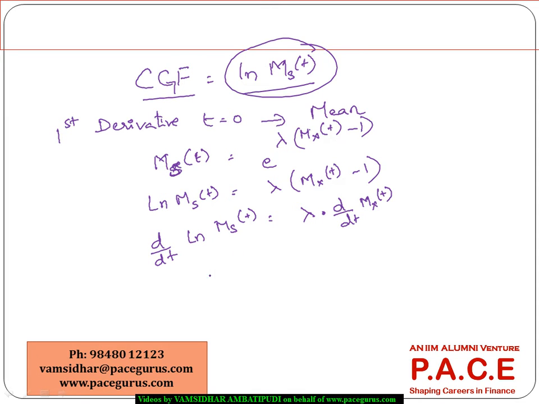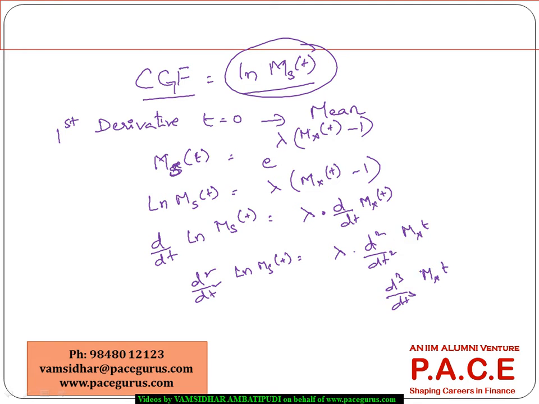That's it. By the same logic, the second derivative of log M_S(t) is lambda times d squared by dt squared of M_X(t), and similarly the third is d cubed by dt cubed of M_X(t).